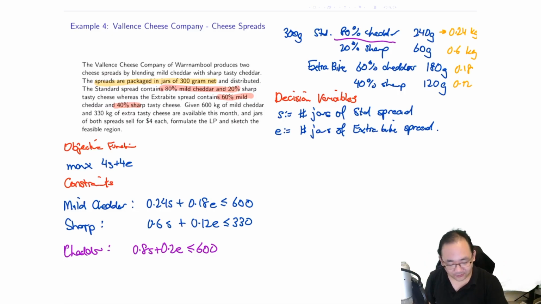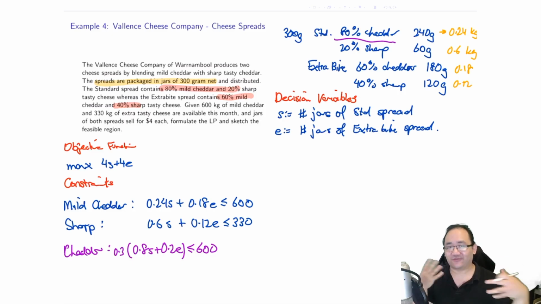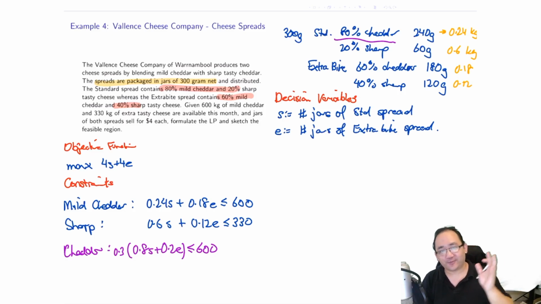So what we have to do is coerce this expression into kilograms, and since each jar is 300 grams specifically, that's why we put the 0.3 on the front. I haven't explained this in the best way possible, at least not in a way that makes sense to myself. But if this is a way that works for you in thinking about how to formulate a problem, then this one will work just as well.